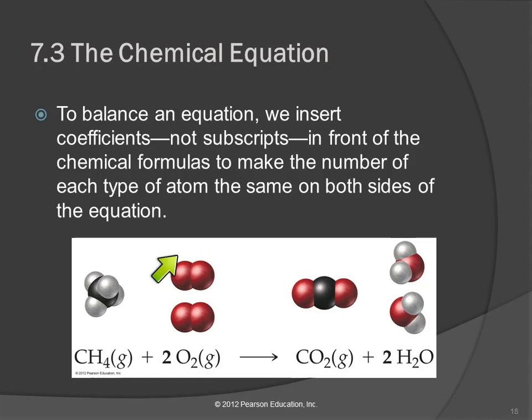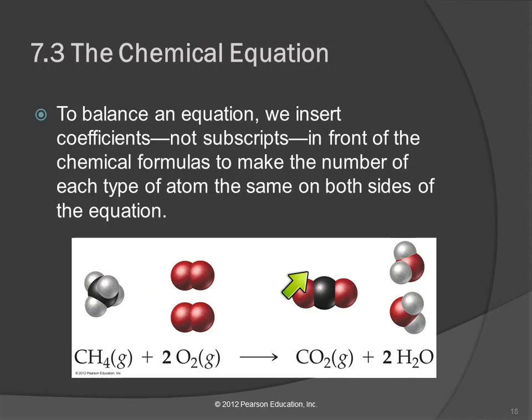Well, if we started out with 2 oxygen molecules and we ended up with 2 water molecules, then we'd be okay, because now we've got a total of 4 red balls, and over here we have 1, 2, 3, 4 red balls. Here we started with 4 white balls, and now we end up with 4 white balls.